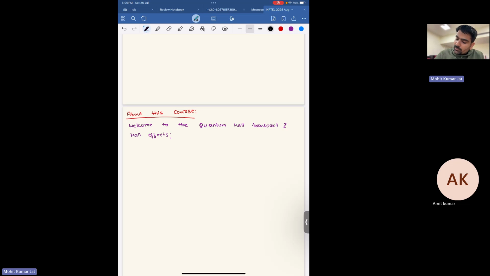Let me just briefly write what I'm saying: electronic transport in mesoscopic systems. This includes the conductance quantization.